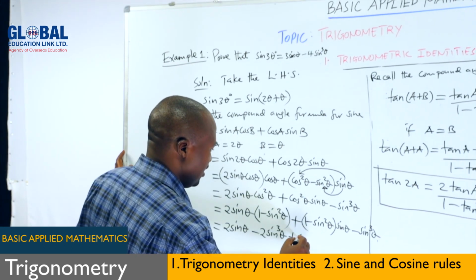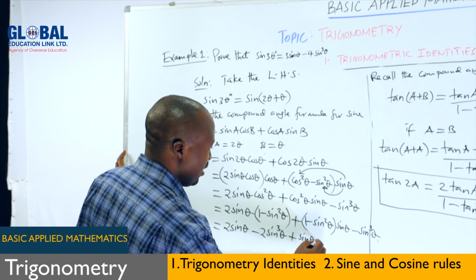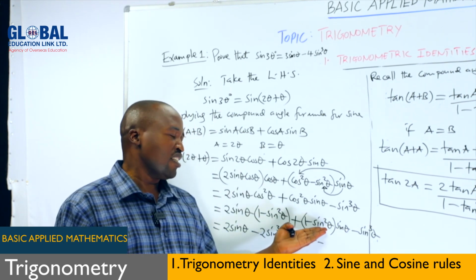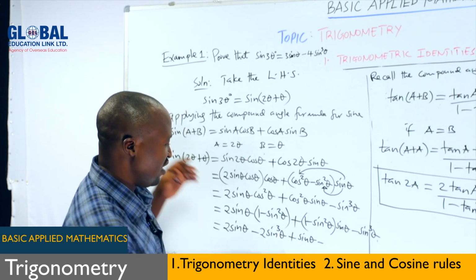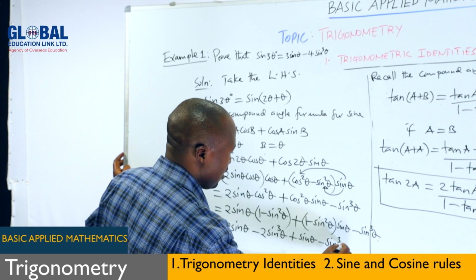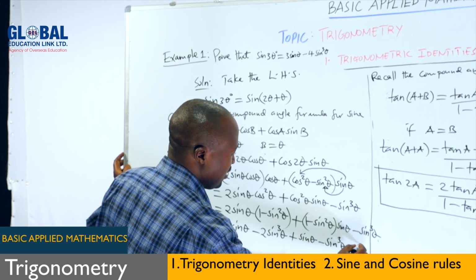Here we have sin theta, minus, then we have sin theta times sin squared theta. That is sin cubic theta, then minus sin cubic theta.